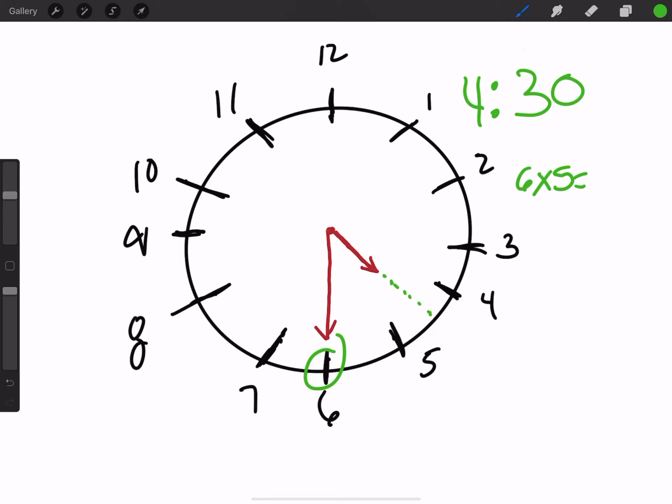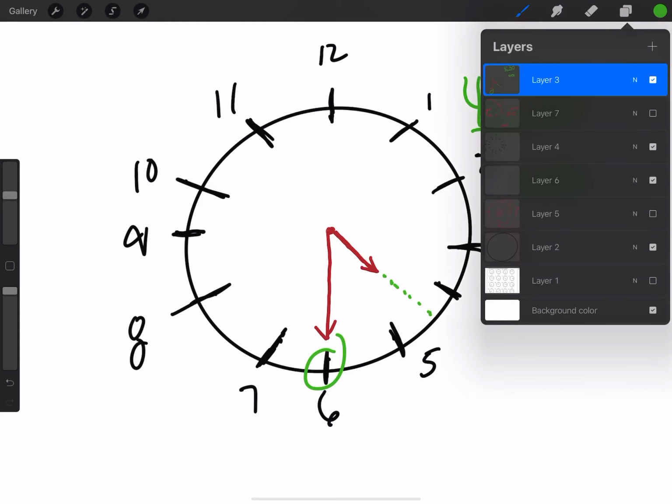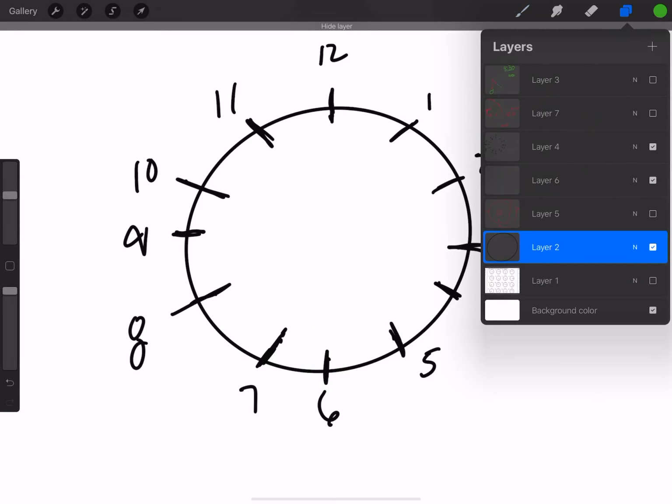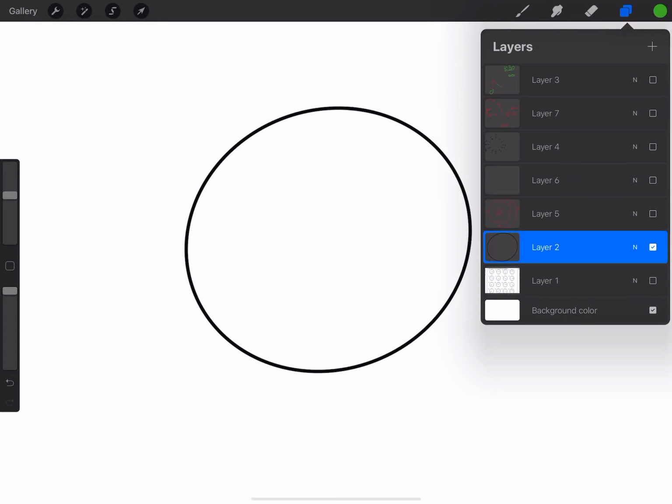Now, some people will say this a little differently. Some people won't say 4:30. Sometimes people will say half past 4. Now, here's what they mean. Remember that very first thing I showed you, when we looked at the circle with nothing else on it?